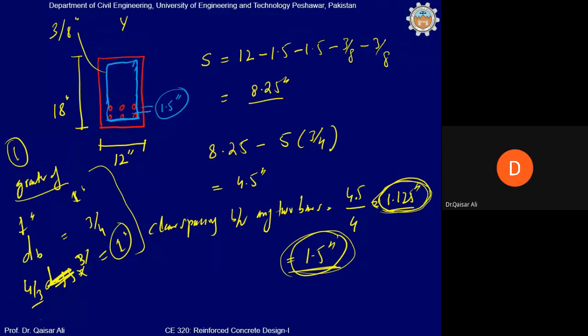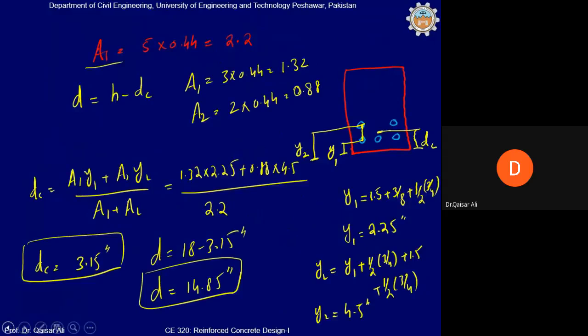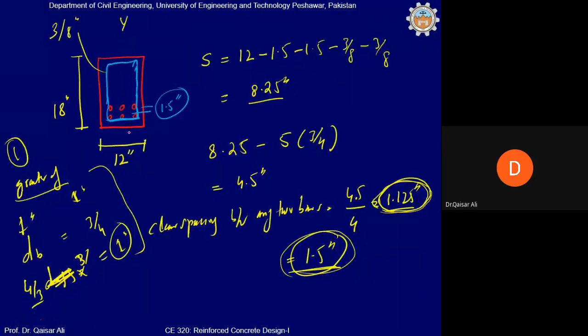Now the recalculation is also quite simple, because now you do not need y1 and y2, because now the bars provided in both layers are the same, so the centroid will be exactly at the center of these two layers. Clear?